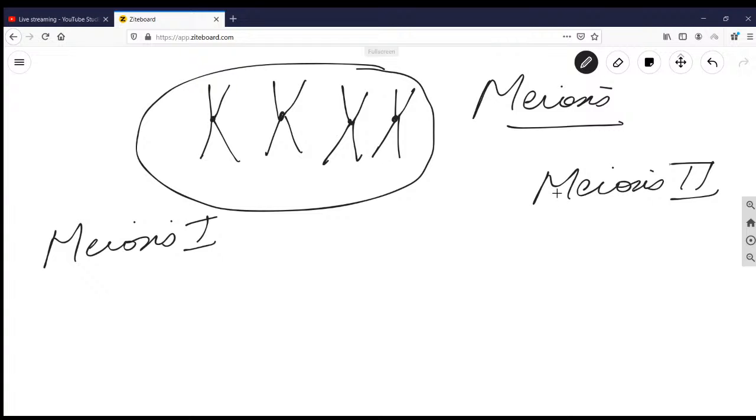In meiosis 1, the homologous chromosomes pair up. What that means is, go backward to a sperm cell. In the sperm cell there are only 23 chromosomes.